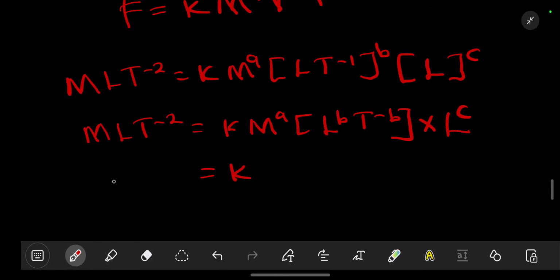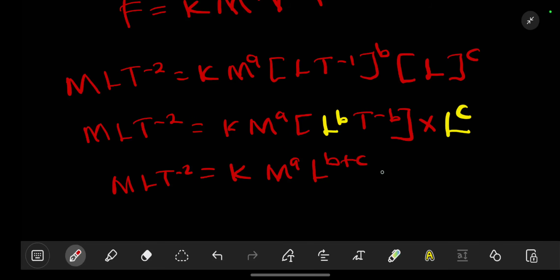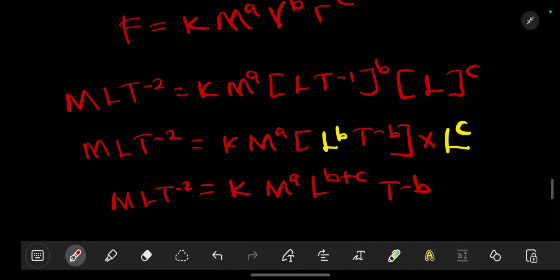No. So we have M L t raised to the power negative 2, and M to the power of A. Then what you can do here is multiply: keep one base, add the power. So we have L to the power of B plus C, times t to the power of negative B, like that.